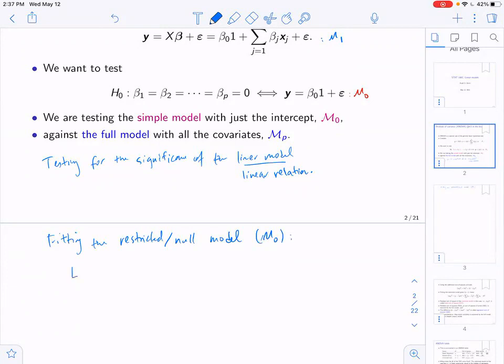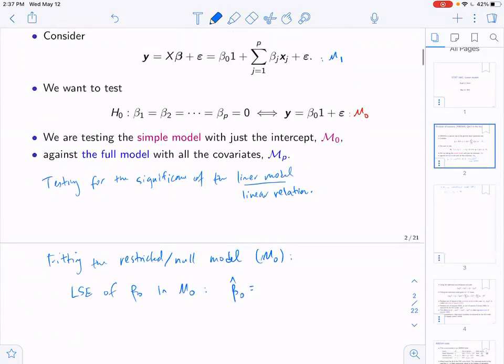Let's say the LSE of beta 0 in M1 or M0 is called beta hat 0. What is the estimate of beta 0 in this model, the least squares estimate? How do we obtain that?